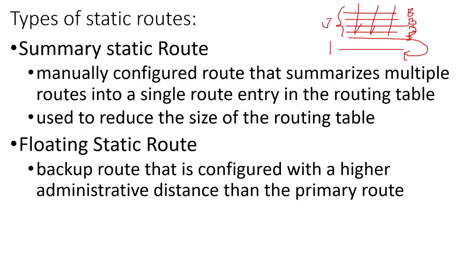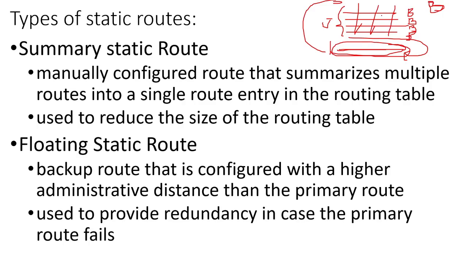So let's say we can transfer this primary route number 1 to the top, so that every time the router requests the routing table for the best path from point B, this is the first entry that will be processed in the routing table. This is used to provide redundancy in case the primary route fails, and these are the types of static routes.